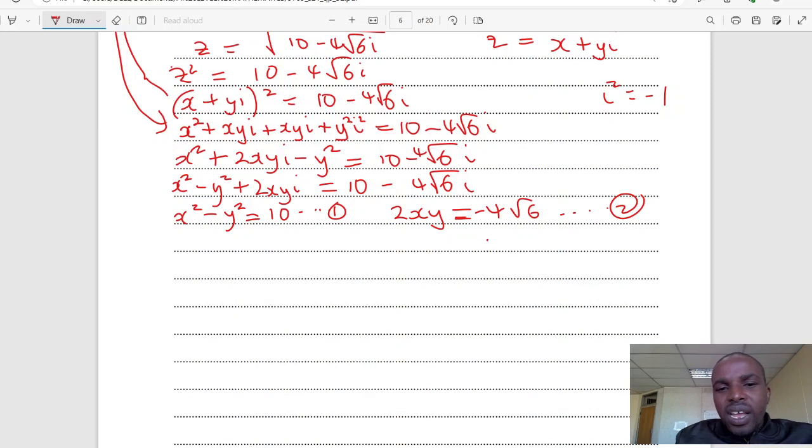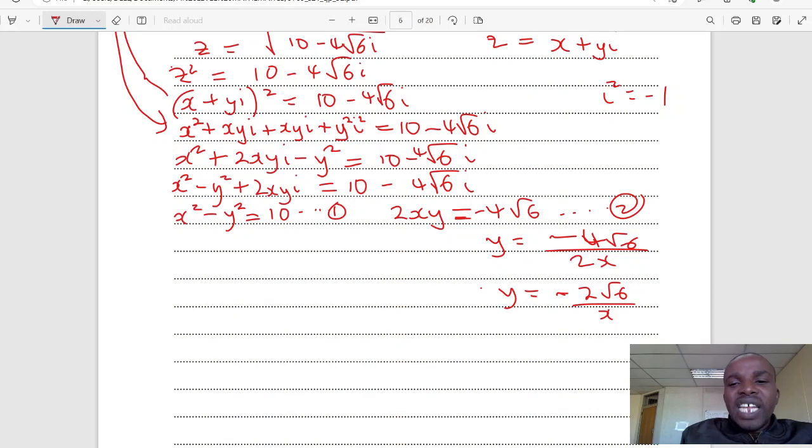So I can say y is equal to minus 4 root 6 over 2x. So my y will be equal to 2 into 4, which is minus 2 root 6 over x, like this.